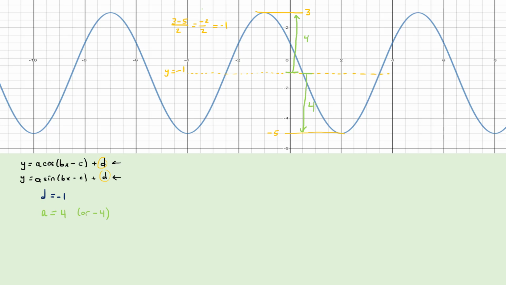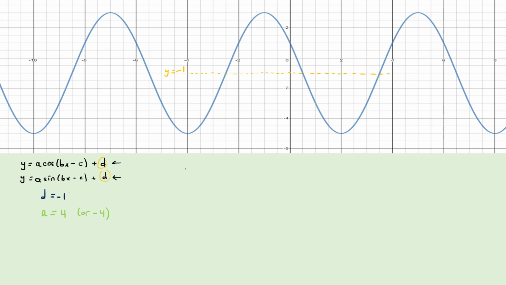I'm just going to erase some of this to clear it up. Now let's talk about the x values. This is the point where you need to pay attention to whether you're trying to get a sine or a cosine.